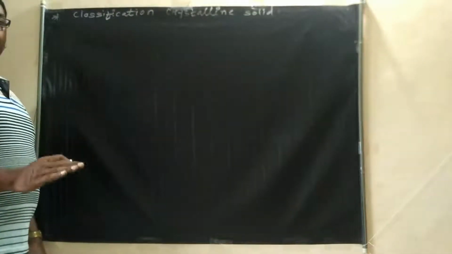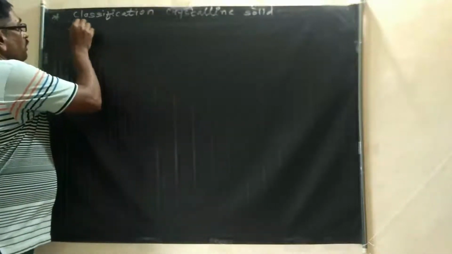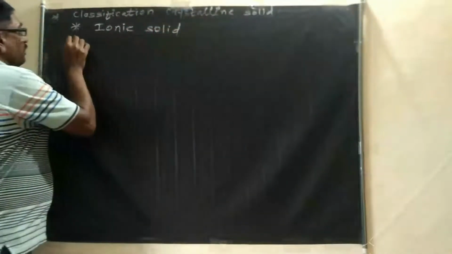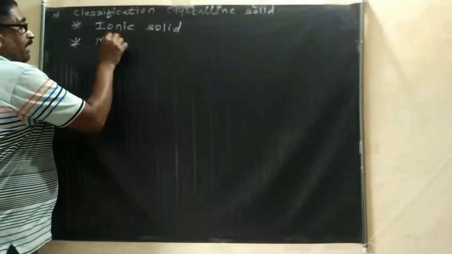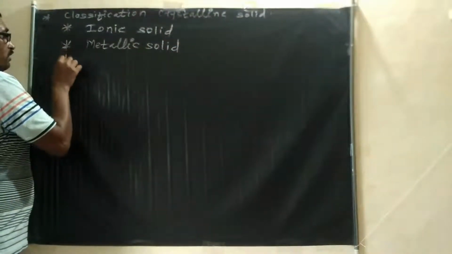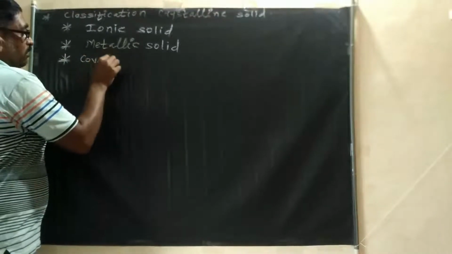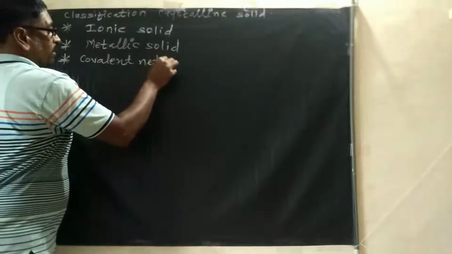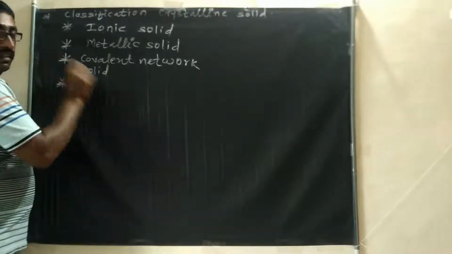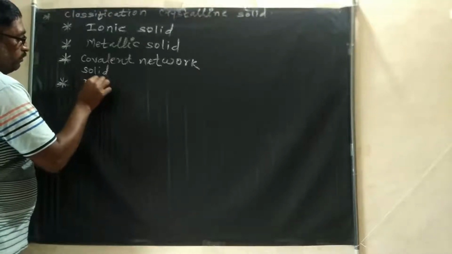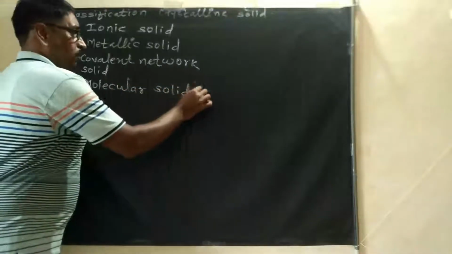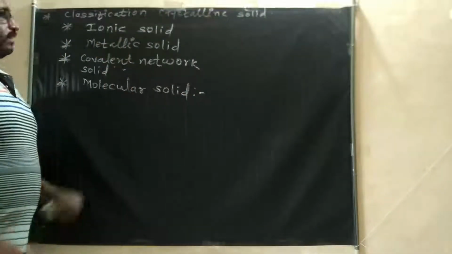Crystalline solids are classified into four types: ionic solid, metallic solid, covalent network solid, and molecular solid. Therefore, we'll discuss them one by one.